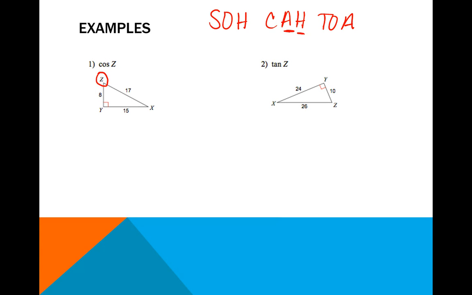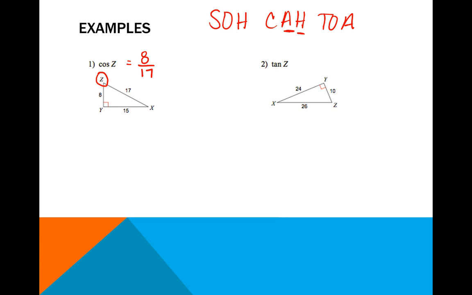So that would be the 8. And then the hypotenuse is the 17. Remember, that's always the longest side or the side that's across from the right angle. Your answer might be written as 8 over 17, or you might see the decimal value. If you needed that, you would just type it into your calculator. If it was a grid-in question, you can grid it in either as the decimal value or the fraction.